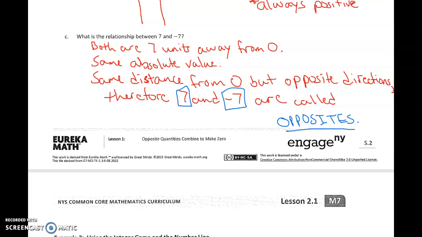Opposites. 7 and negative 7 are called opposites because they have the same absolute value, but they're in opposite directions.